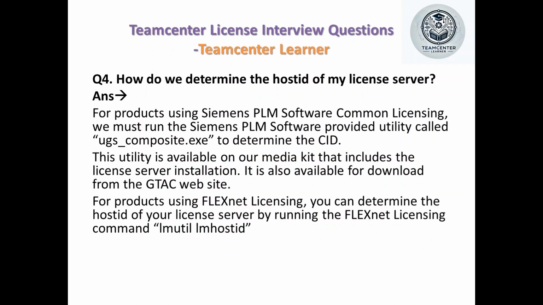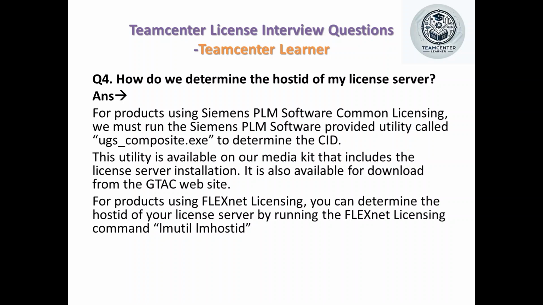Fourth one, how do we determine the host ID of my license server? For products using Siemens PLM software licensing, we must run the Siemens PLM software provided utility called ugs_composite.exe to determine the CID. This utility is available on our media kit that includes the license server installation. It is also available for download from the GTAC website.